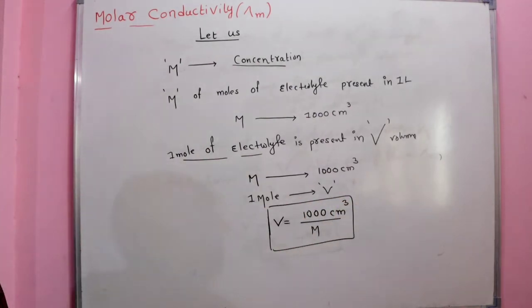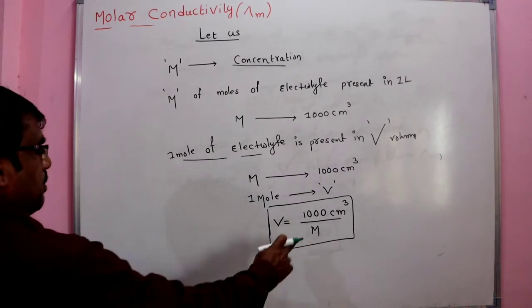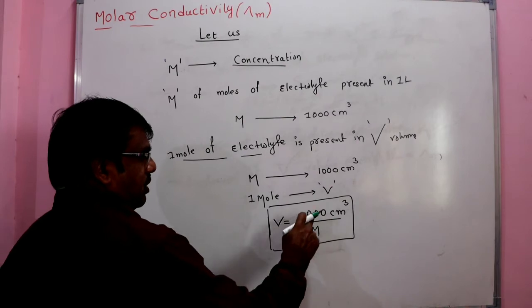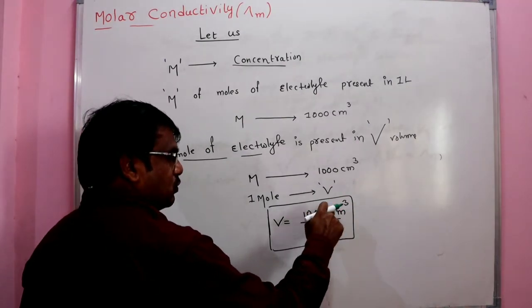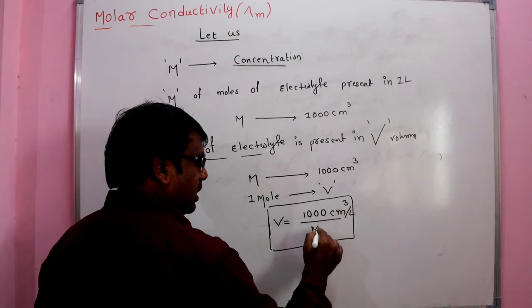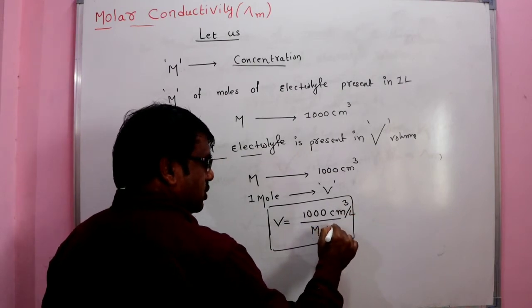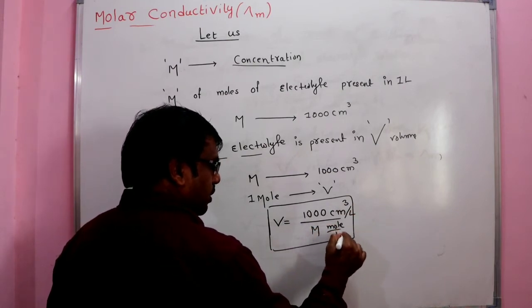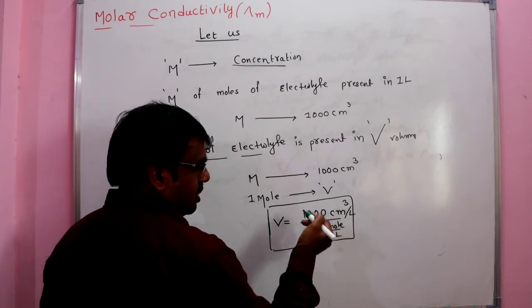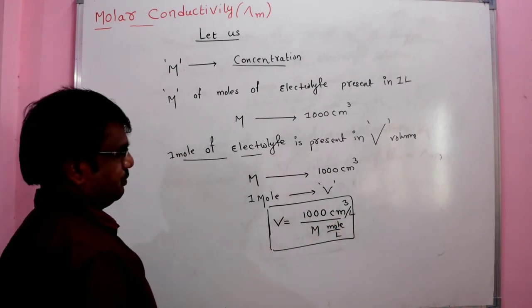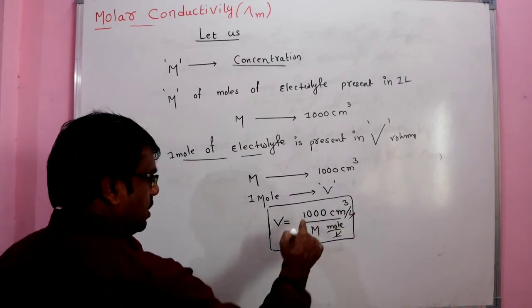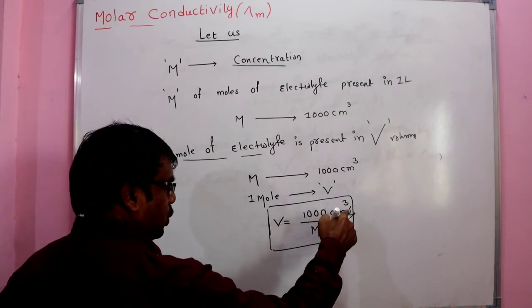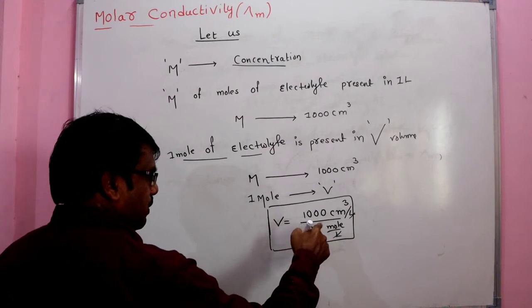V is equal to 1000 centimeter cube by M. M is the number of moles per liter, 1000 centimeter cube per liter. M is the concentration, mole by liter. This liter we can cancel.